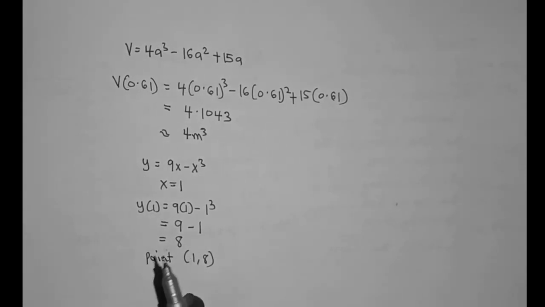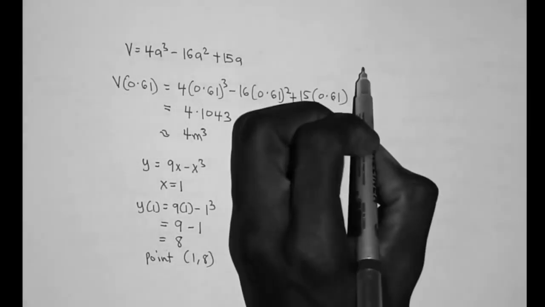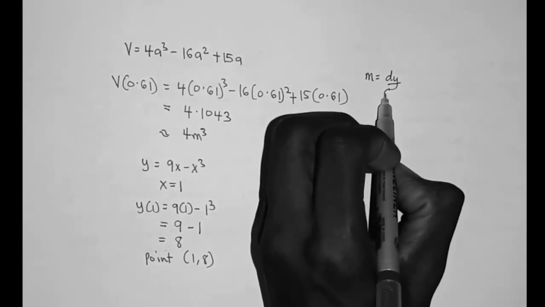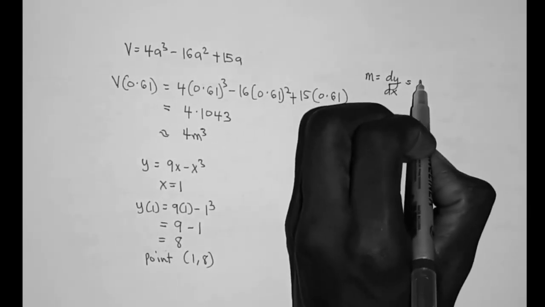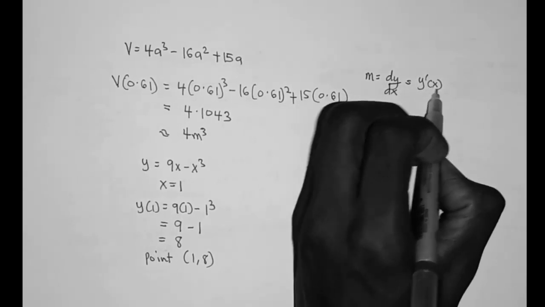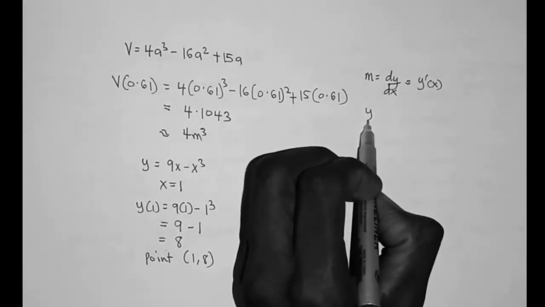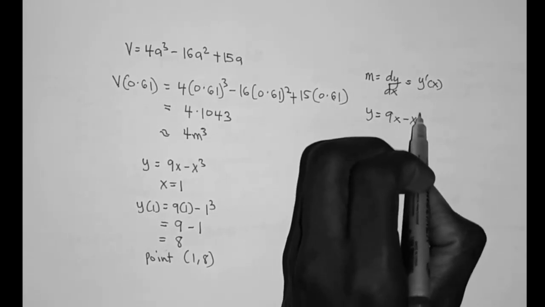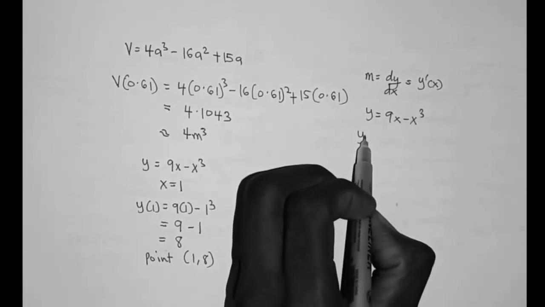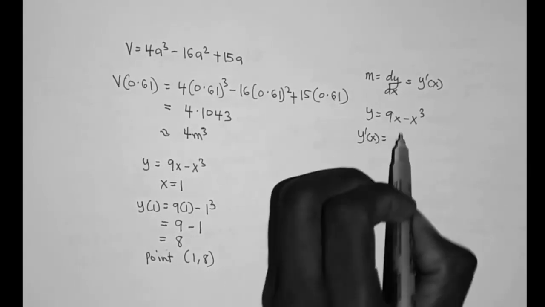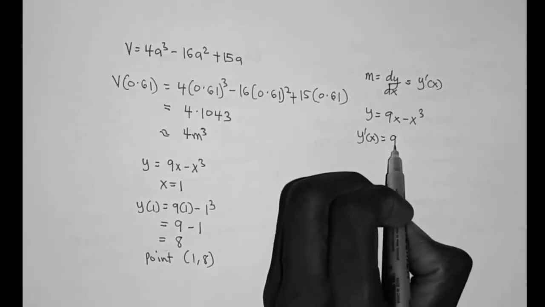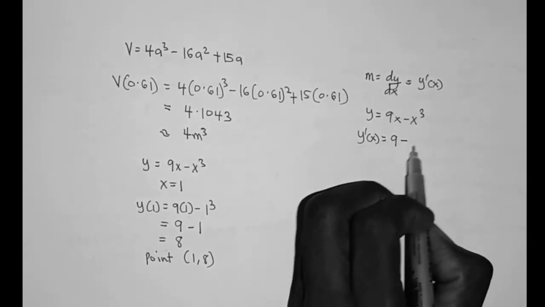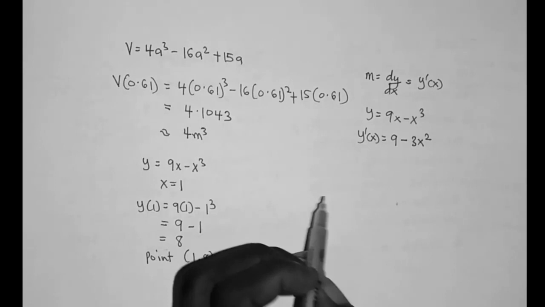So let's go ahead and find the gradient. I know that the gradient m is equal to dy/dx, which can also be written as y prime of x. We are given the curve y as 9x minus x cubed. So what is y prime of x? It is equal to, if you differentiate 9x, you get 9, minus, if you differentiate x cubed, you get 3x squared.